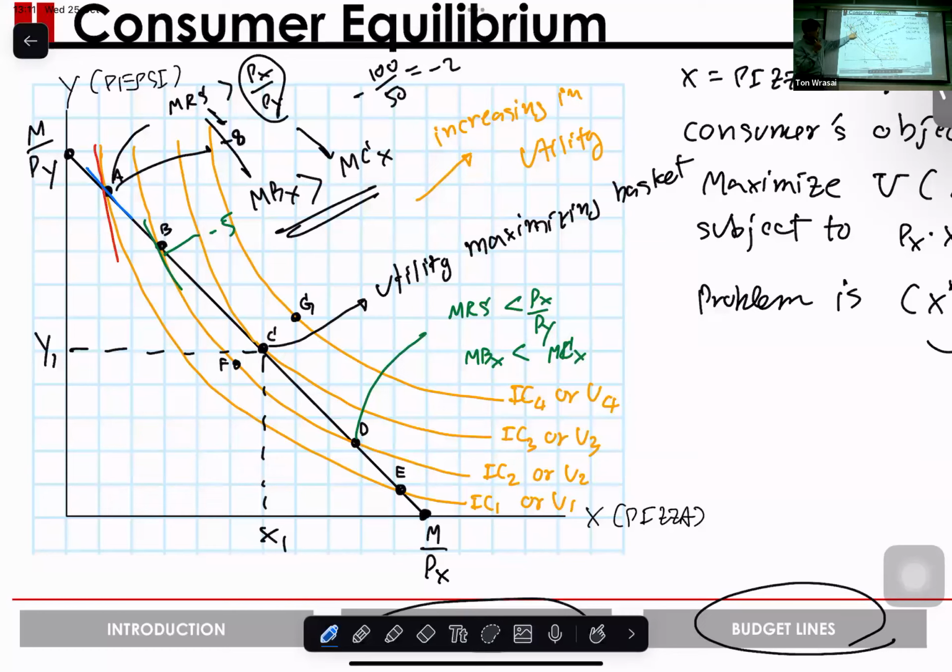They are on the same budget line. But to spend money wisely, he must select the basket that brings him to the highest possible indifference curve, which is basket C. So we call basket C the utility maximizing basket.